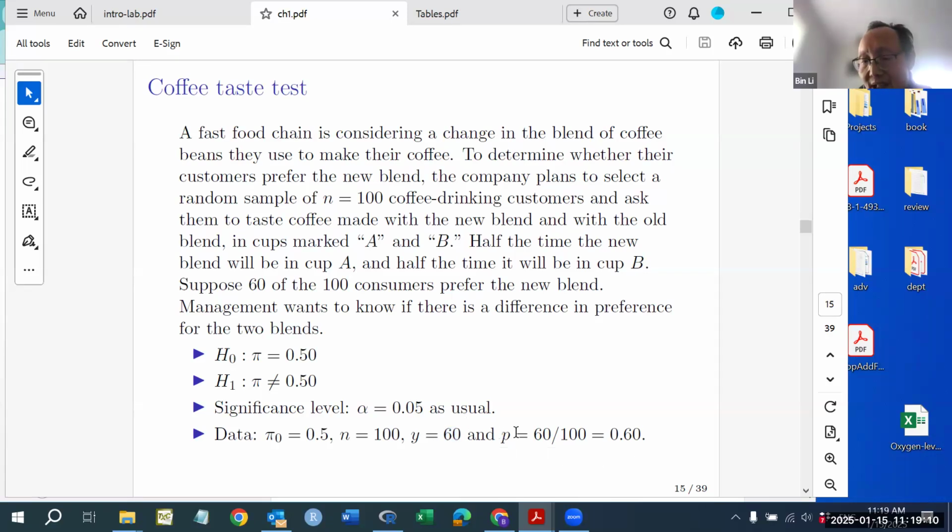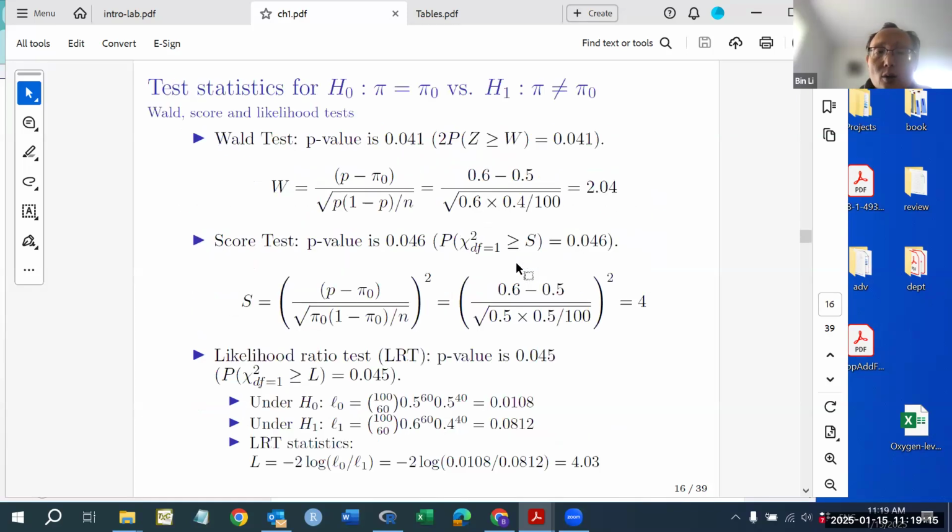So we have p-hat equal to 0.6, right? So we can conduct the Wald test, score test, and likelihood ratio test. For the Wald test, this is the formula, and this is the result, 2.04. And the p-value is 0.041.